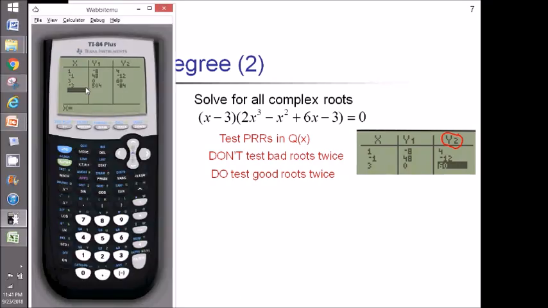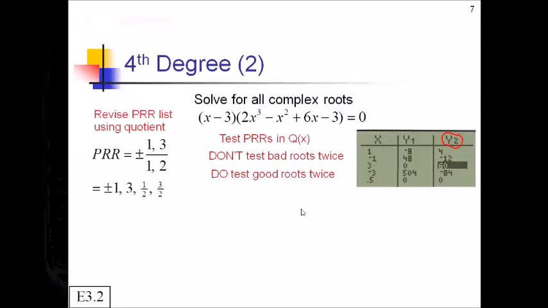You can enter this as a decimal, or you can just do 1 divided by 2 and let the calculator figure it out. That's a much better way, for example, when you have something like 1/3. But now this 1/2 comes out to 0, so this is good news. This means we can do synthetic division on the quotient now using 1/2.